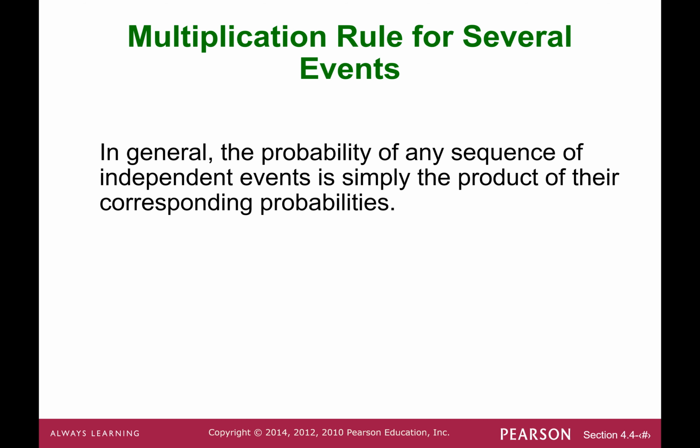Multiplication rule for several events. In general, the probability of any sequence of independent events is simply the product of their corresponding probabilities.